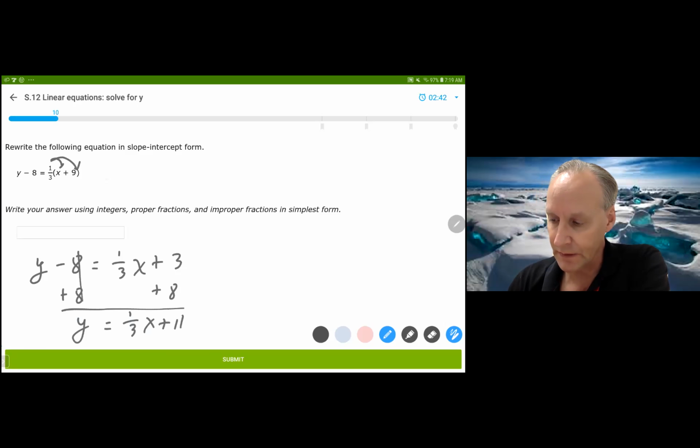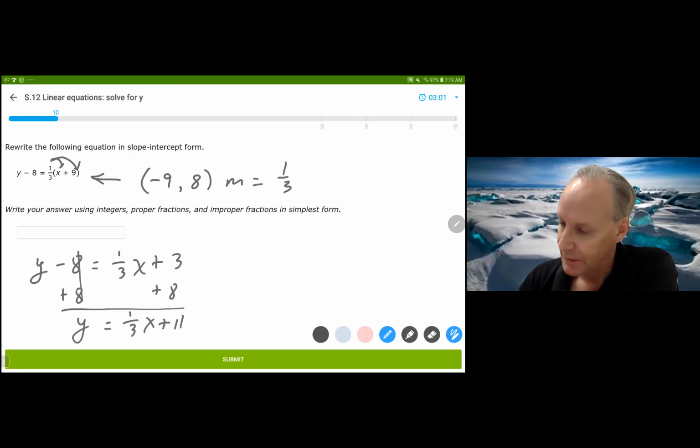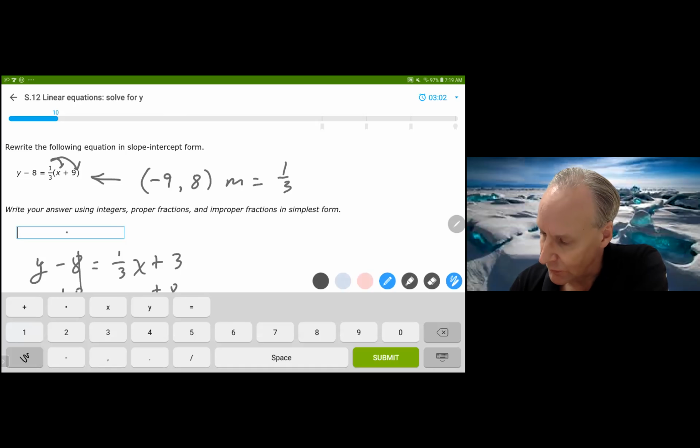In point slope form, I can read the point, a solution, by zeroing out the x's by putting in -9 and zeroing out the y by putting in 8. And of course, the slope is 1/3. Just wanted to add a little extra to it. So anyway, it is y equals 1/3 x plus 11.